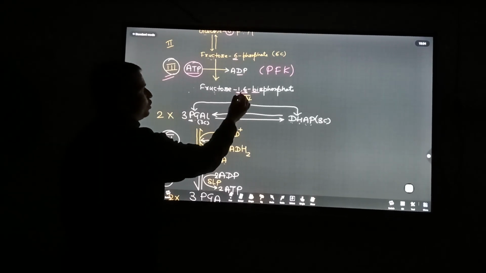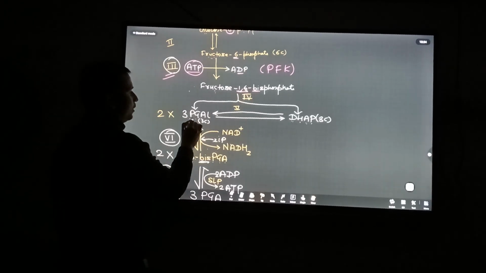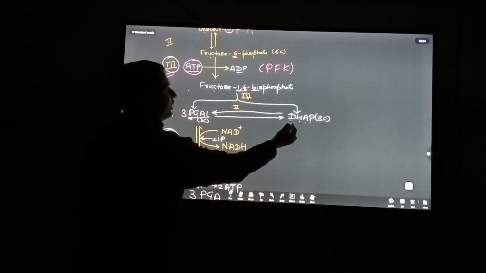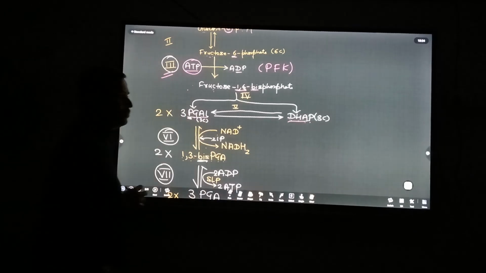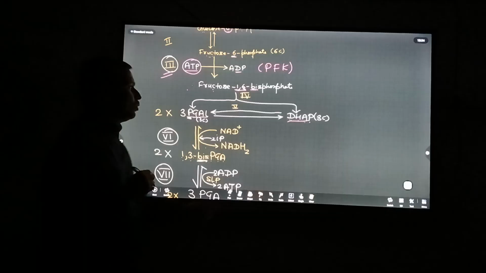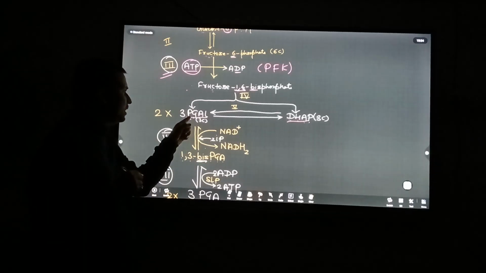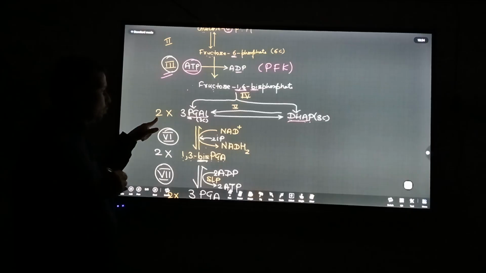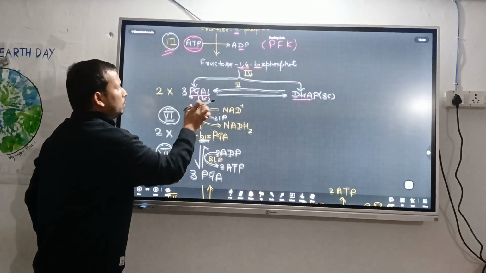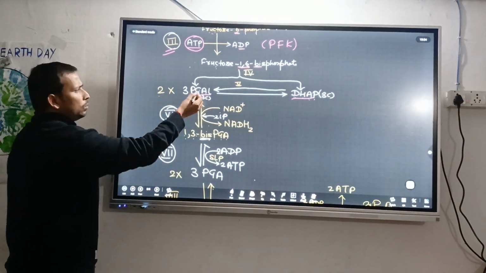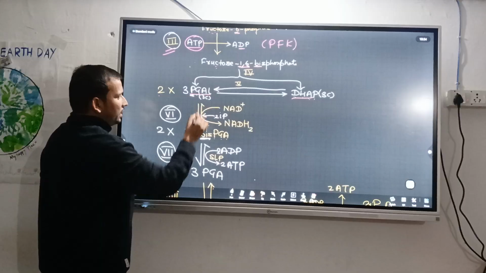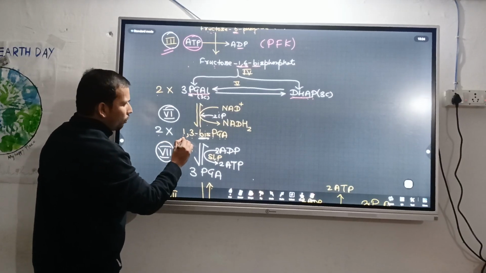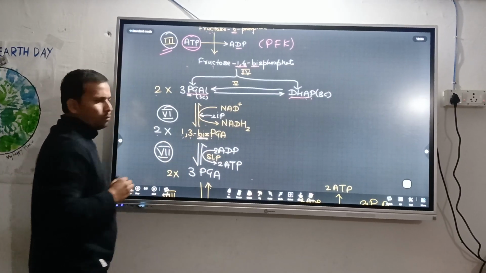Now, fructose 1,6-bisphosphate is converting into 3-PGAL and DHAP. DHAP means dihydroxyacetone phosphate. This is converting into PGAL, and one molecule is now becoming 2 molecules. These 2 molecules of 3-PGAL are converting into two molecules of 1,3-bis-PGA.